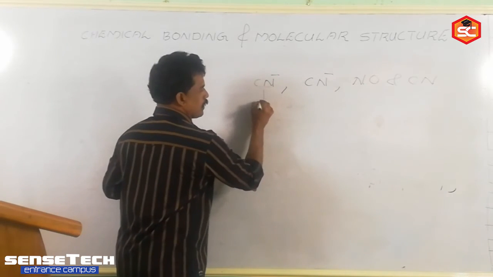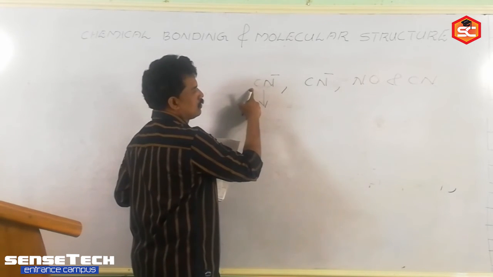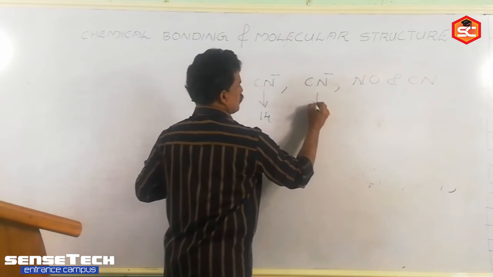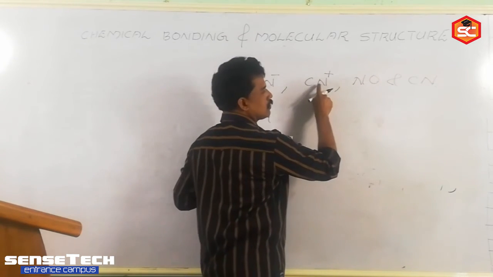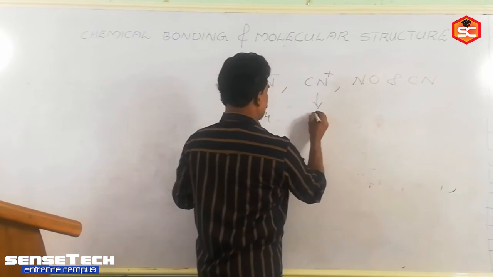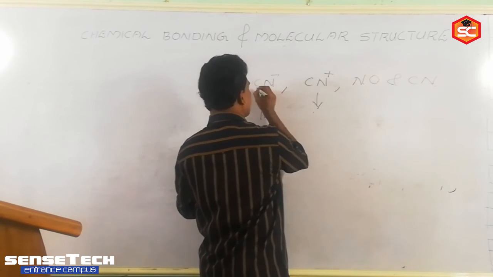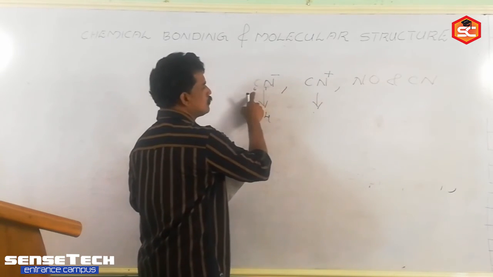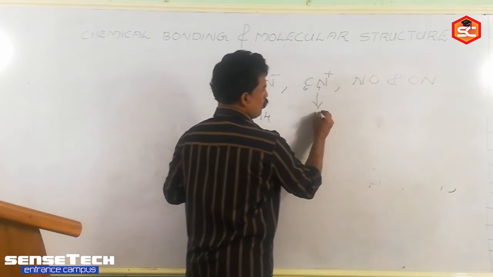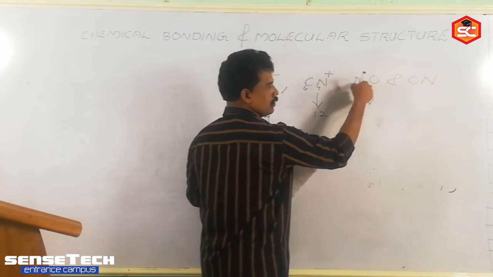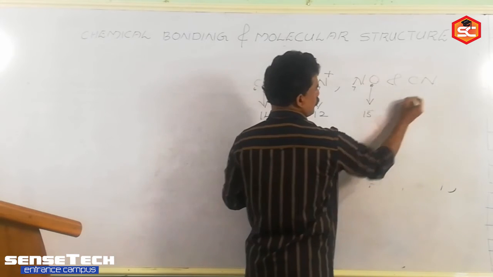Here how many electrons are there? Nitrogen atomic number 7, carbon 6, so CN minus has 14 electrons. CN plus has 12. NO: oxygen atomic number 8, nitrogen 7, so 15.